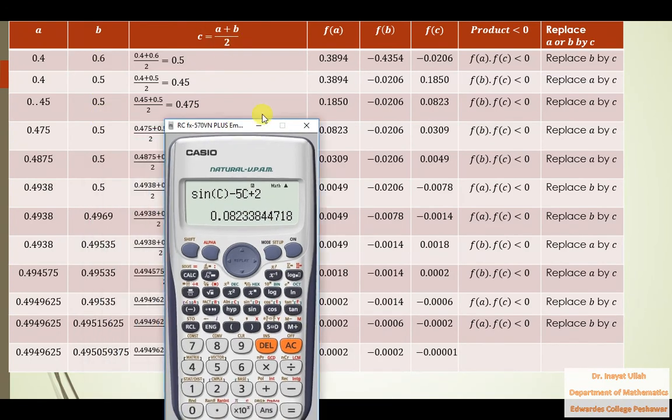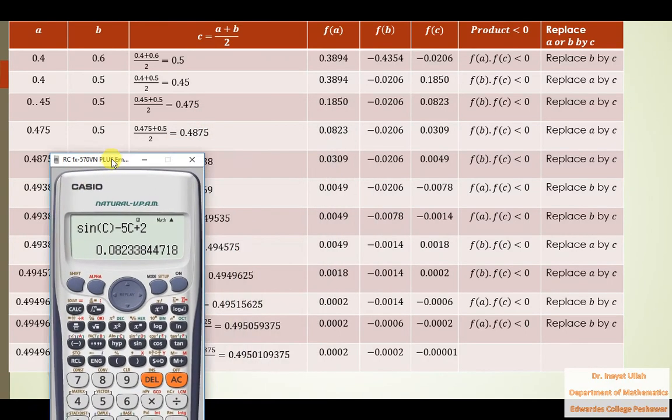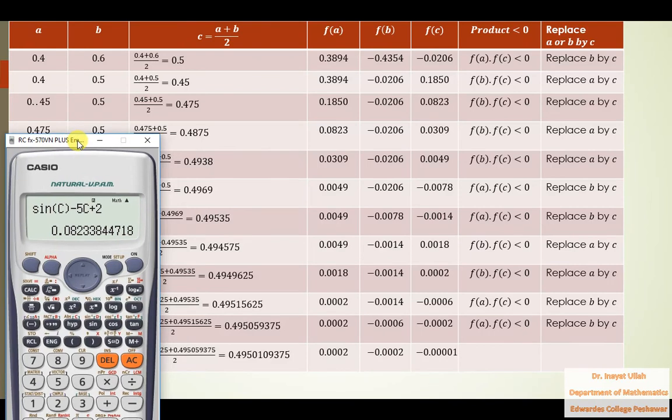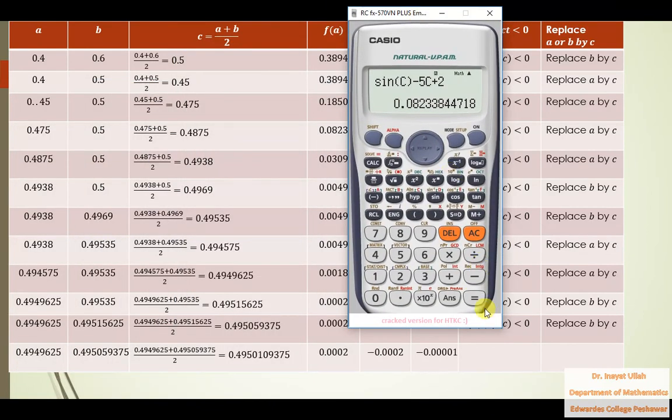How could you calculate c? By pressing this equal sign. Whenever you press equal sign, it will ask you about the value of a, which is 0.475, so right here 0.475, then equal sign. B is 0.5.